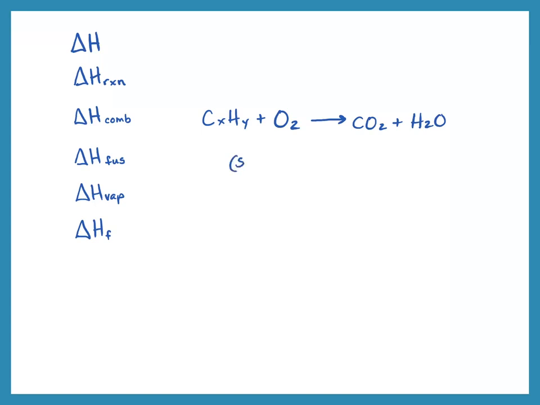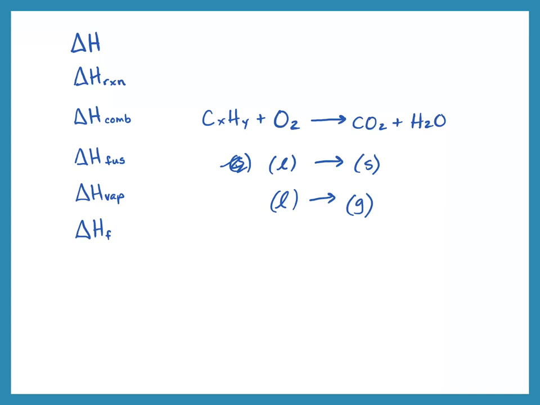Fusion is when we were going from, wrong way, from a liquid to a solid. And then vaporization is when we are going from a liquid to a gas. And then delta H of formation. So this is when we are creating any compound from its elements.